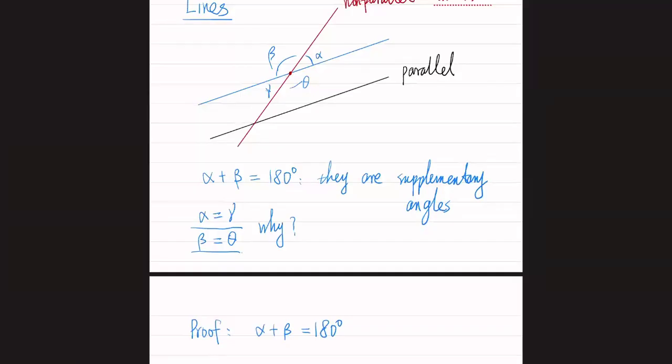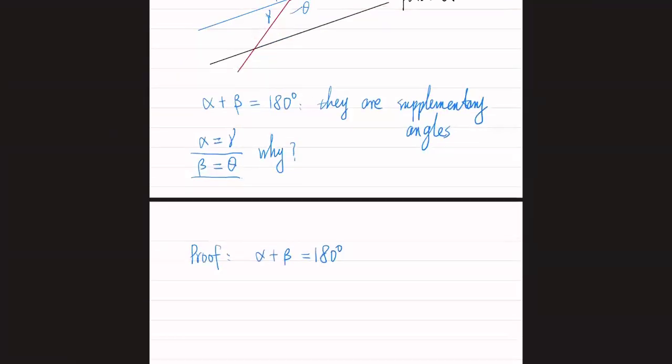Now, if we consider this red line, beta and gamma, they are supplementary. Well, these two angles are supplementary to the same angle, then they must be the same.